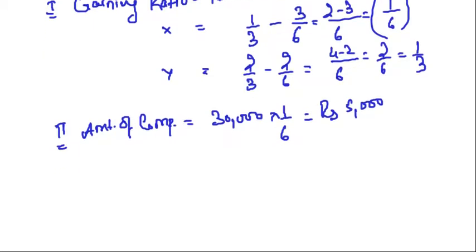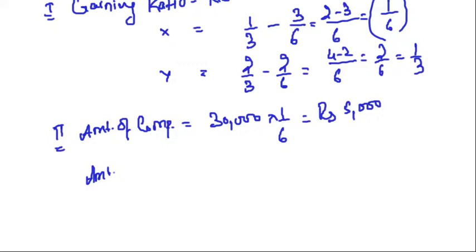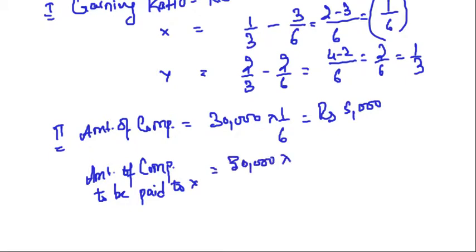Now what will be the amount of compensation to be paid to X? This is 30,000 multiplied by the share of loss. This is 1/6, rupees 5,000. So that means the gaining partner Y will compensate two people, that is X, who is the sacrificing partner, and Z, who is the retiring partner.